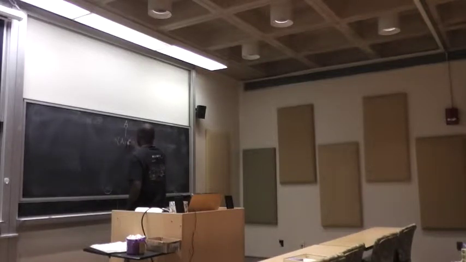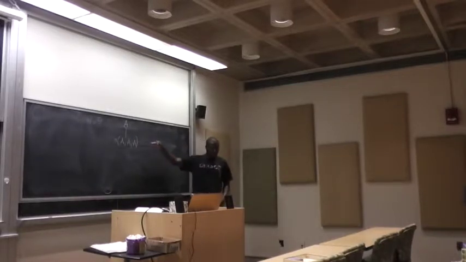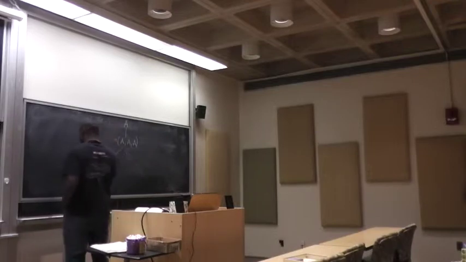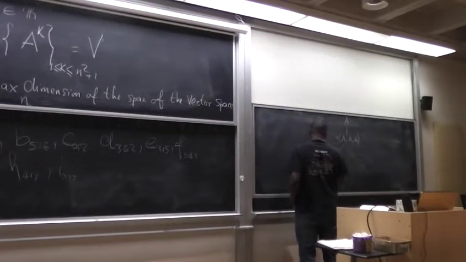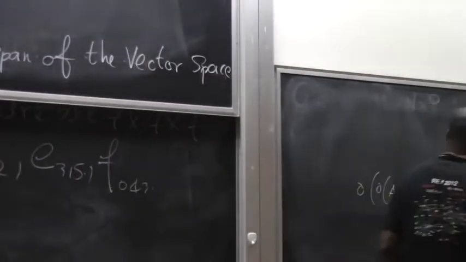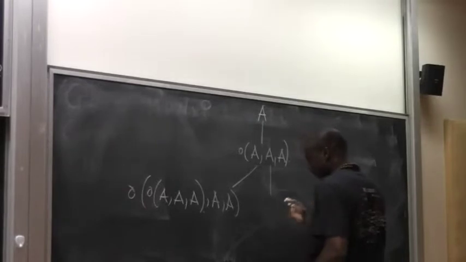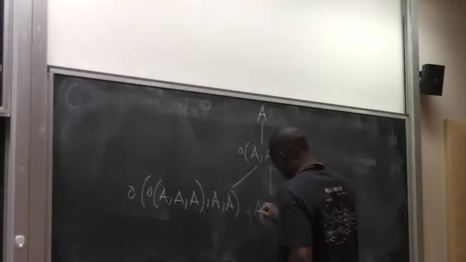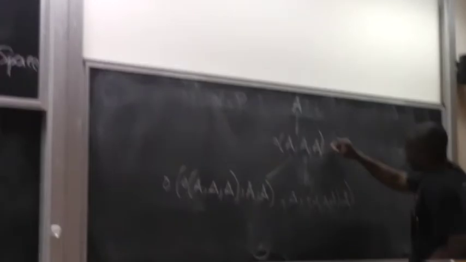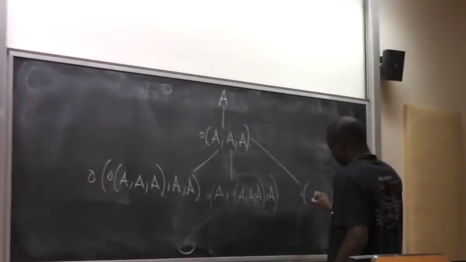If you had A, you multiply it by itself. This is the only way you can compute powers with 3 elements. The product is ternary. You need 3 of them. All right. Here already things start getting messy. So you can put this guy, this is one way of doing it. You can put this guy in the middle, A circle A. And you can put it at the end.